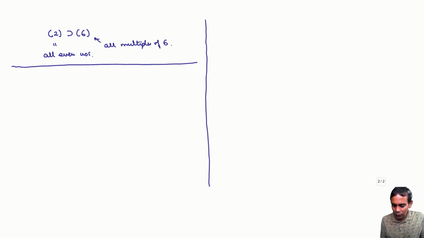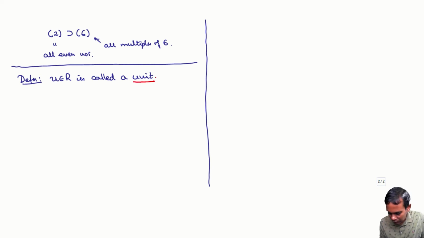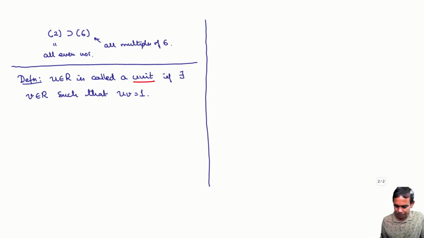Okay, so now a unit in the ring R: an element u of R is called a unit if there exists v in R such that uv is equal to 1.